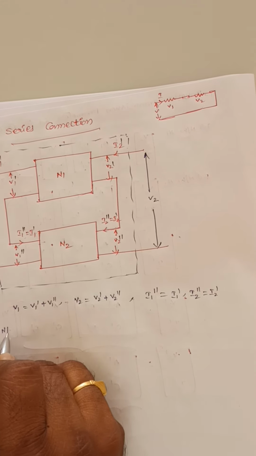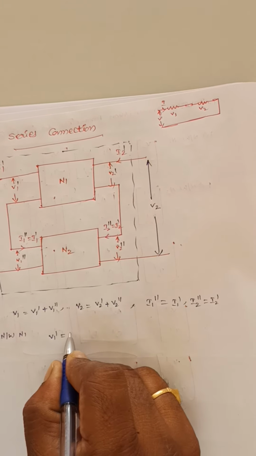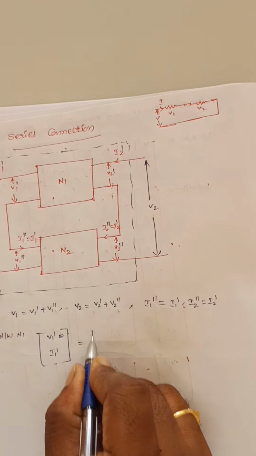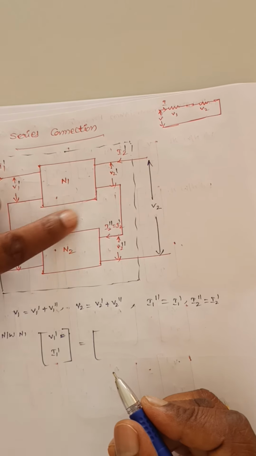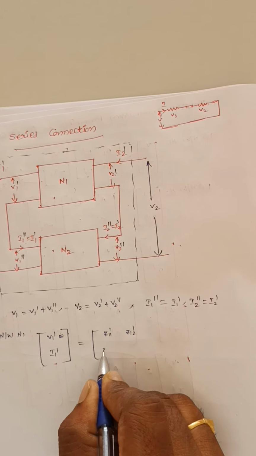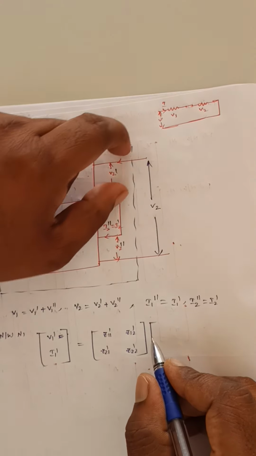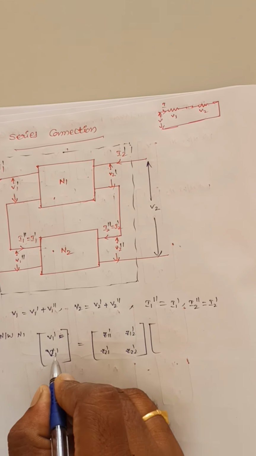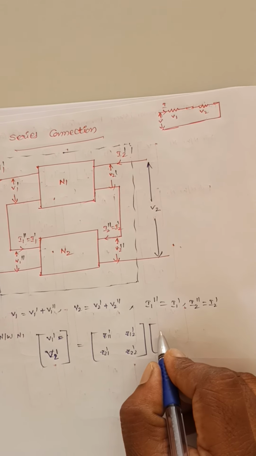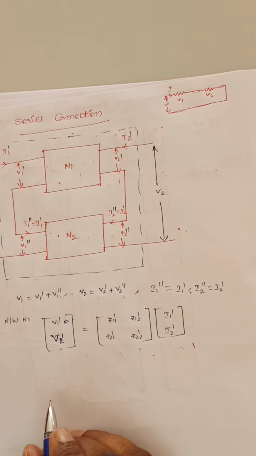For network N1, the matrix of V1 dash, V2 dash is equal to, let us assume the Z parameters for this network N1 are Z11 dash, Z12 dash, Z21 dash, Z22 dash, multiplied by I1 dash, I2 dash. These are the Z parameters.